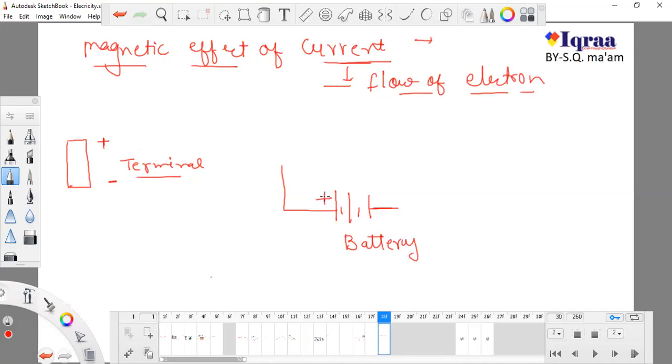It is positive and it is negative. Consider the positive terminal as south pole. Remember that the positive terminal is south pole and the negative terminal is north pole. It will help you understand how electricity moves.